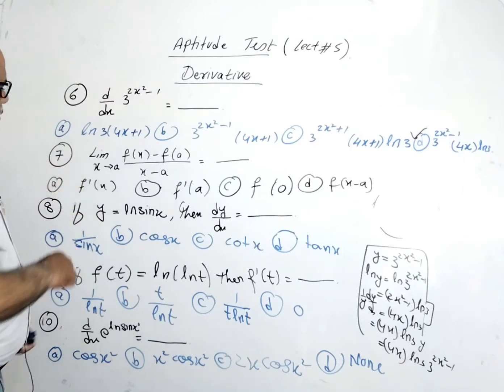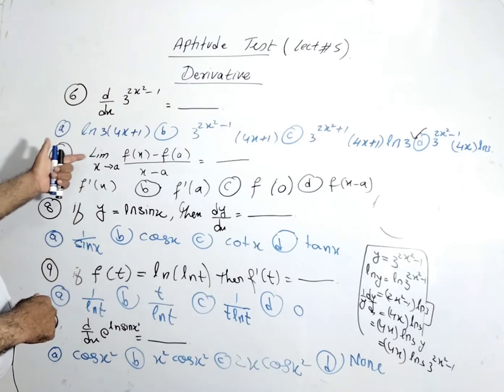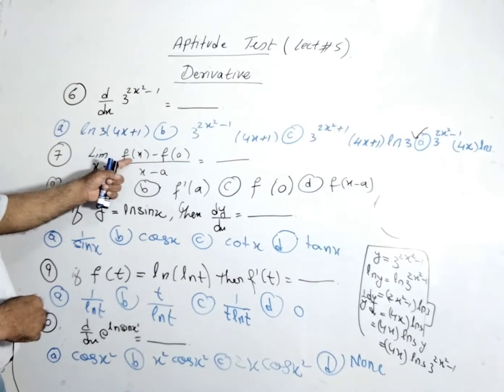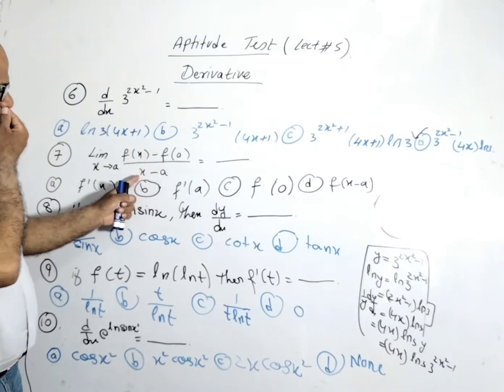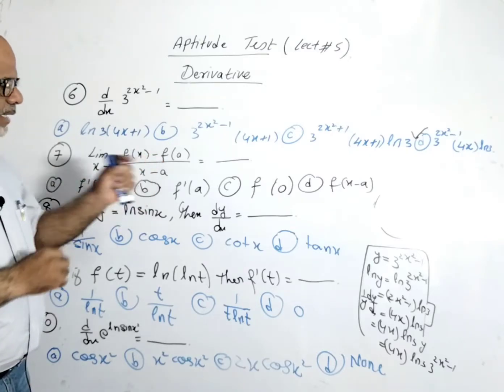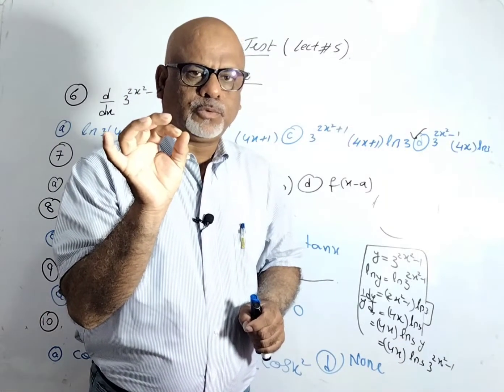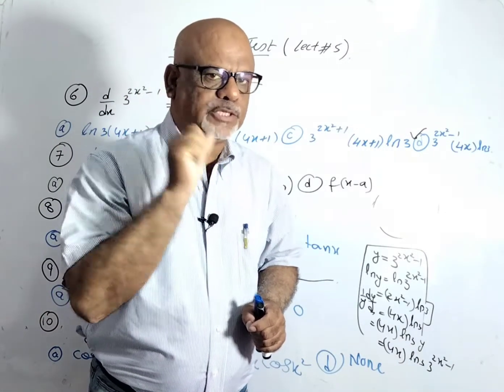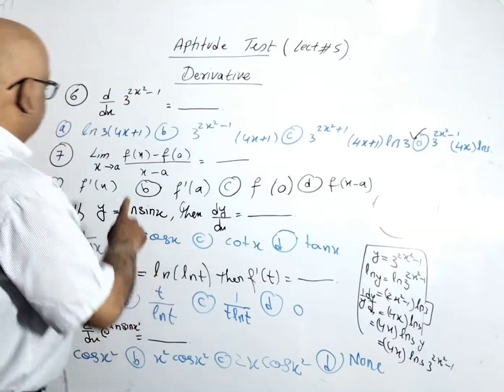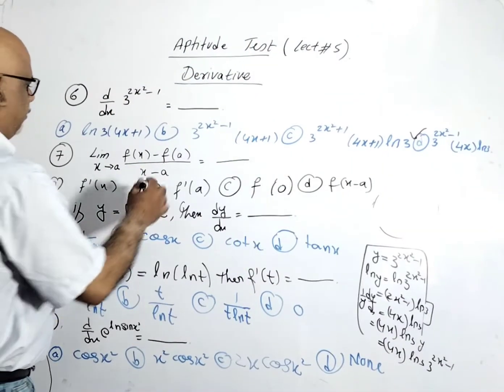Now come to question number 7, MCQ number 7. Limit x tends to a, f of x minus f of a divided by x minus a. This is the basic formula to find the derivative by using the first principle. So it is equal to f prime of a.